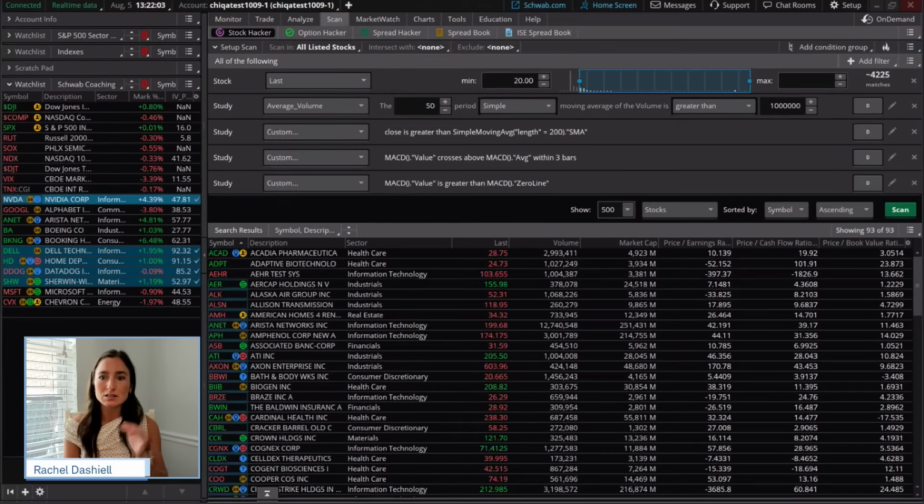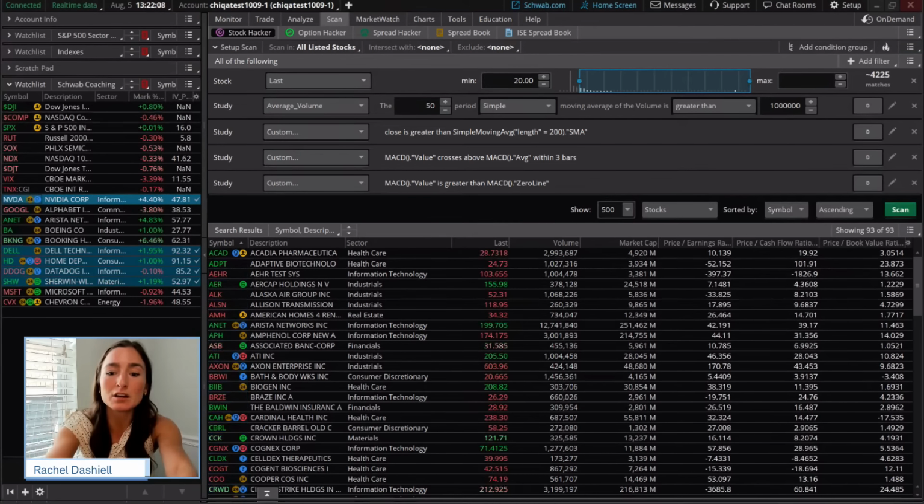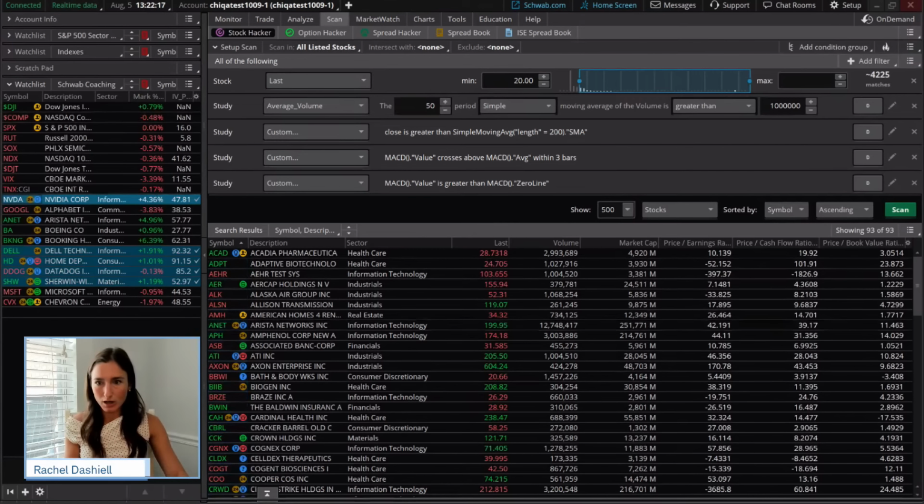This is our bullish type of scan setup here. Now you can always reverse these metrics and use this for the bearish side as well, but there's that script in there in the chat.